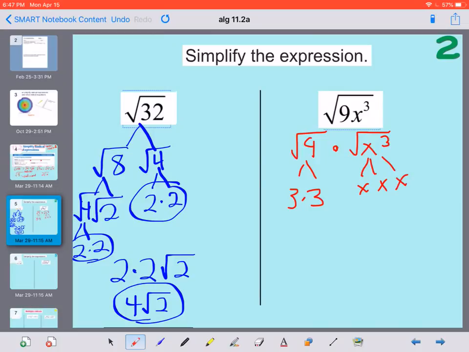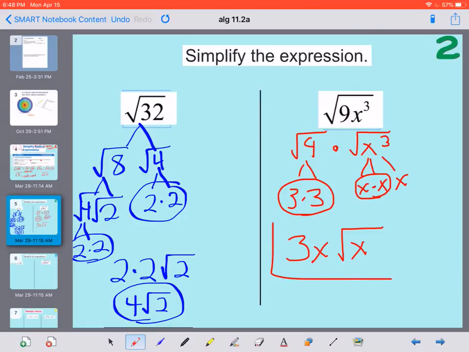Now 2 of those x's is going to make a square, so I'm going to circle those. I'm also going to circle the two 3's, because now what I have is a factor of 3, a factor of x, and what I have left over is an x that I can't factor anymore. So my answer then is 3x square root x.